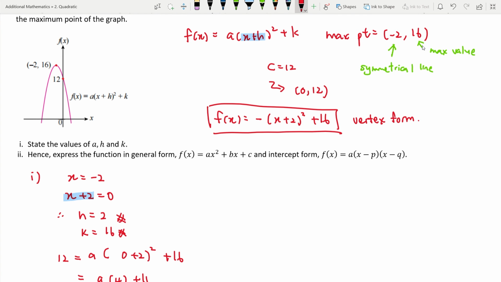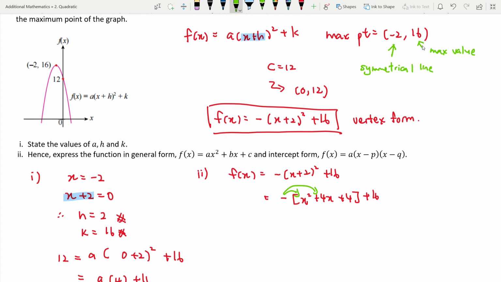Number 2. Hence, express the function in general form f(x) = ax² + bx + c, and intercept form f(x) = a(x - p)(x - q). Let's do it one by one. To obtain the general form from vertex form, we need to expand the function. -(x² + 4x + 4) + 16.